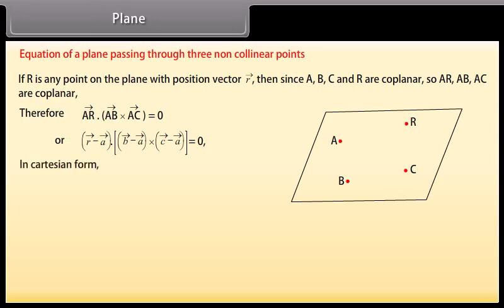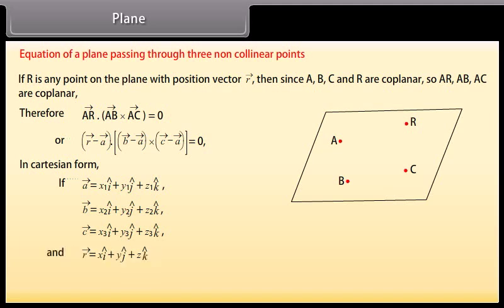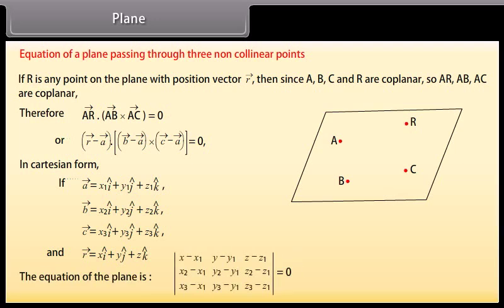In Cartesian form, if vector a equals x1 i cap plus y1 j cap plus z1 k cap, vector b equals x2 i cap plus y2 j cap plus z2 k cap, vector c equals x3 i cap plus y3 j cap plus z3 k cap, and vector r equals x i cap plus y j cap plus z k cap, the equation of the plane is the determinant, row-wise.